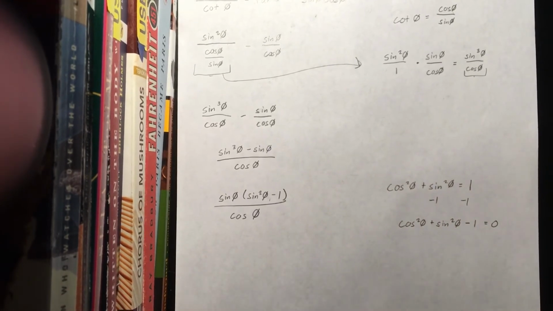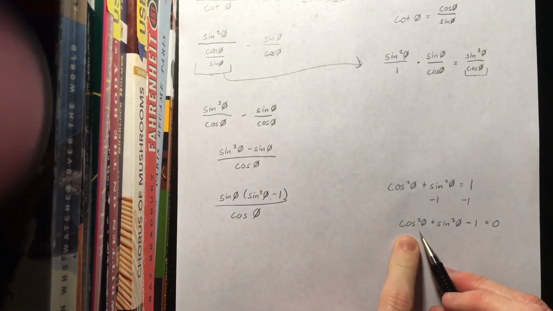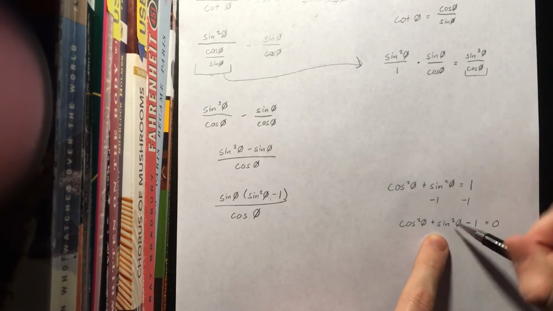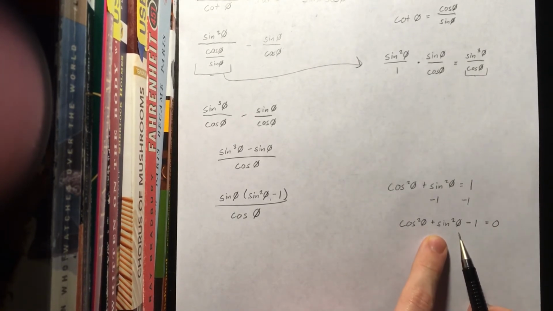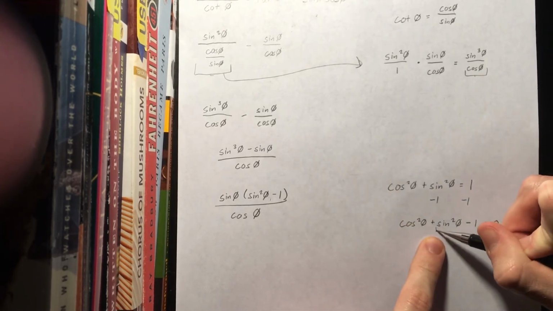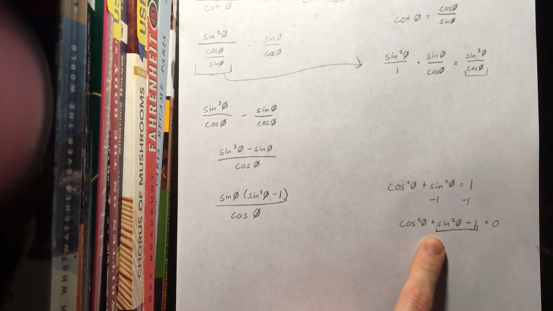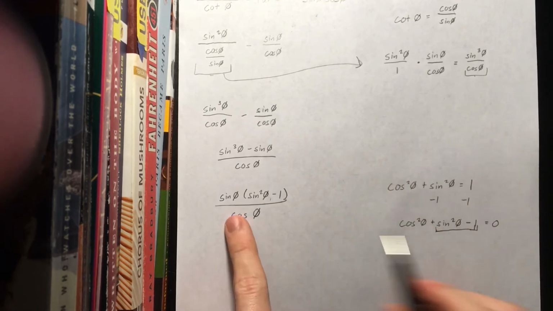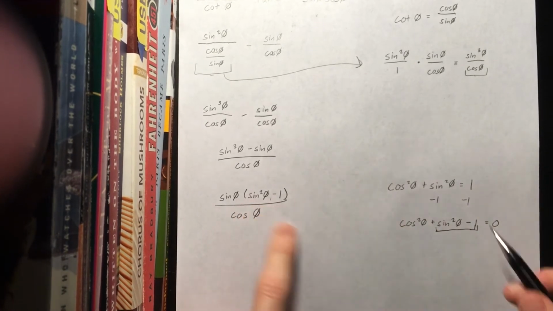But I also want to get this cosine squared theta on the other side because I want this part by itself so I can plug in whatever the result is into here, okay?